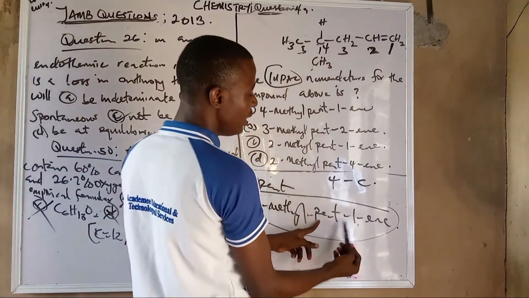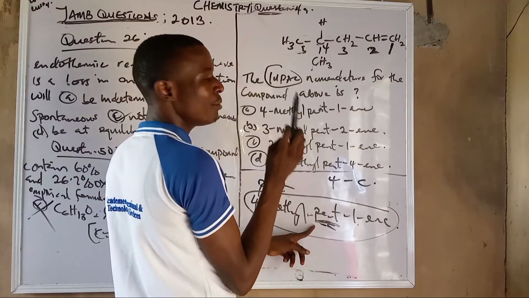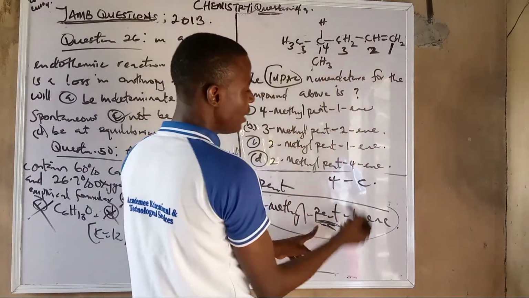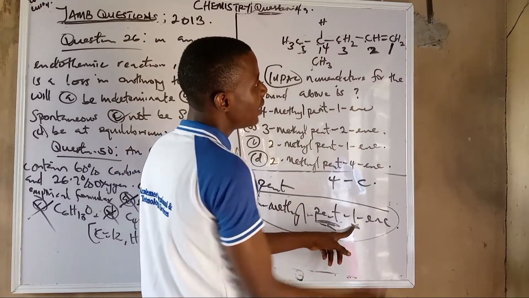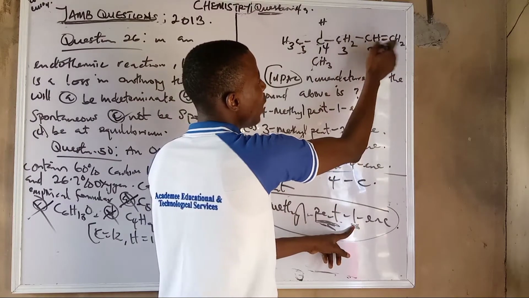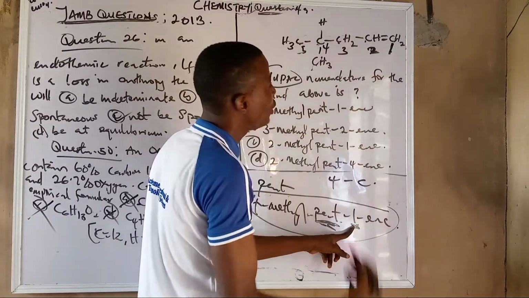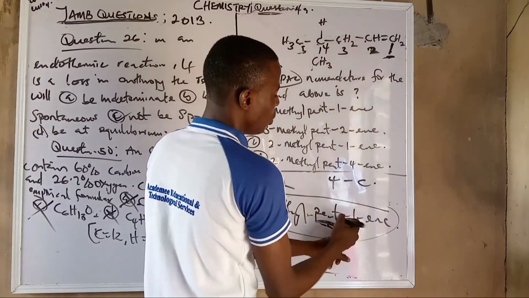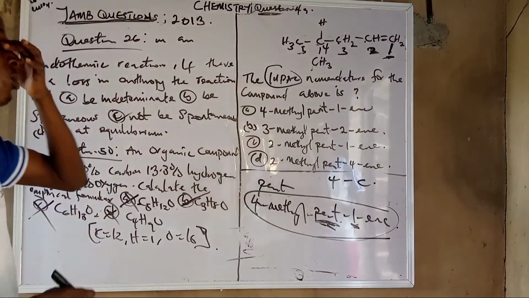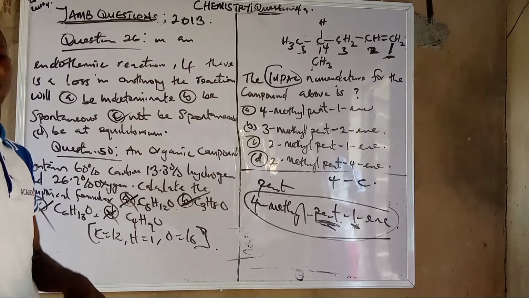Then pent means 5 carbon atoms: 1, 2, 3, 4, 5. Then the carbon atoms having the functional group are carbon atom 2 and 1, but you have to take the smallest number, which is 1. That is why it's pent-1-ene. So this is how the question is. Question year 2013. Thanks for watching.